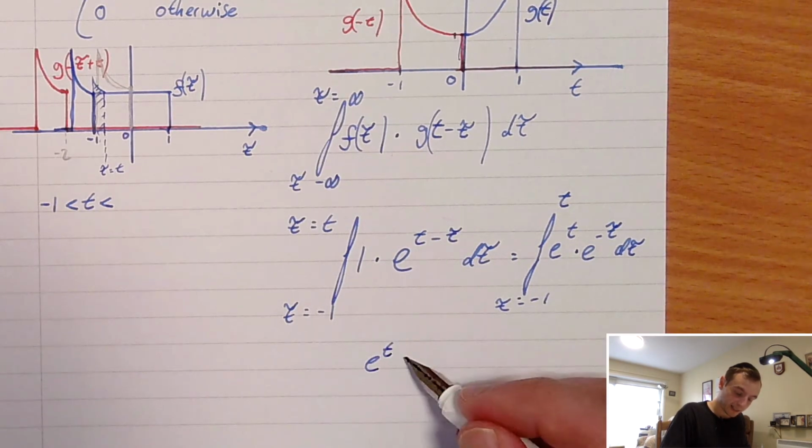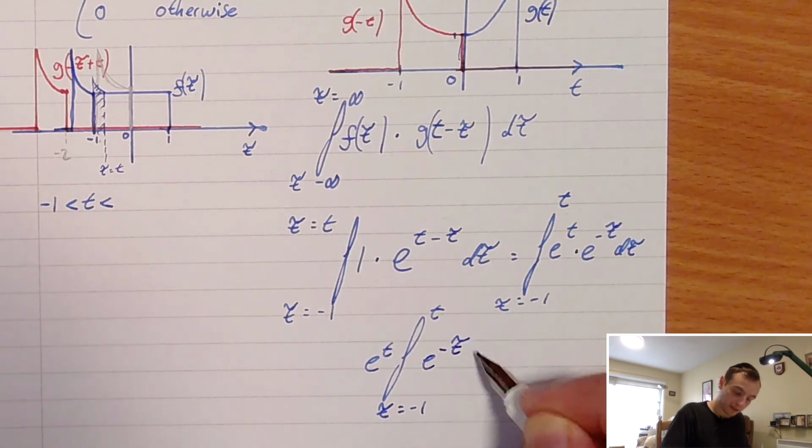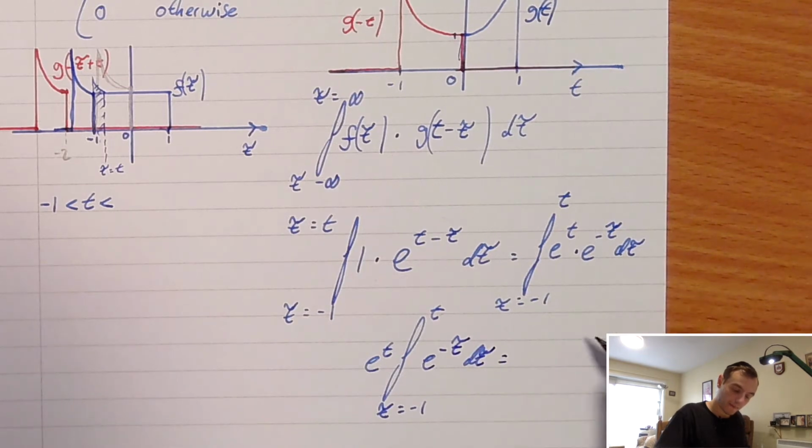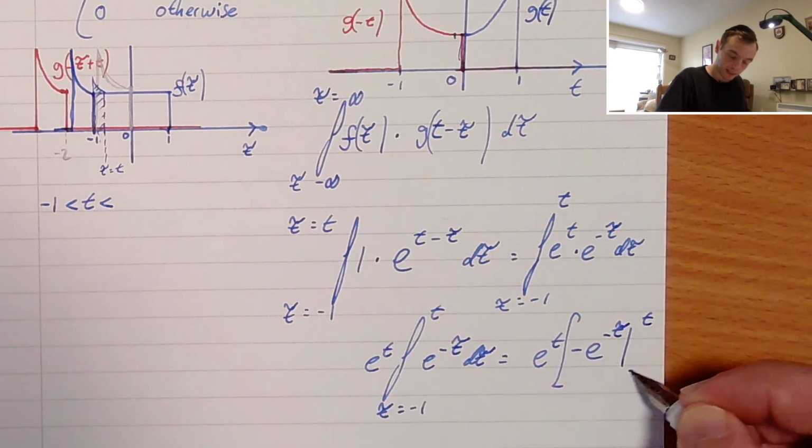So we can say e to the t, between tau equals minus 1 and t, of e to the minus tau d tau, which is going to be e to the t times minus e to the minus tau evaluated between t and minus 1.